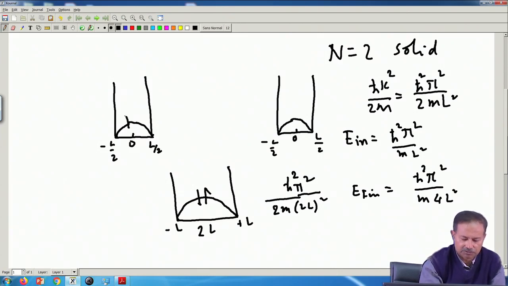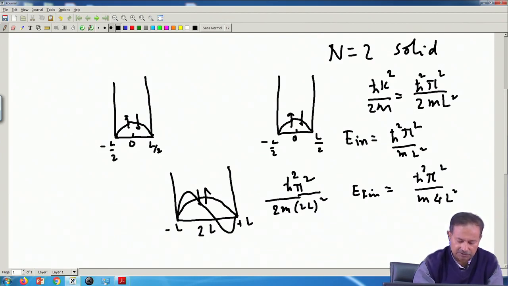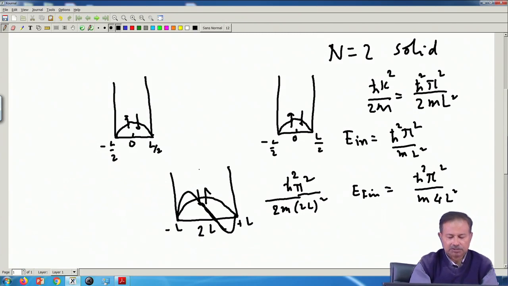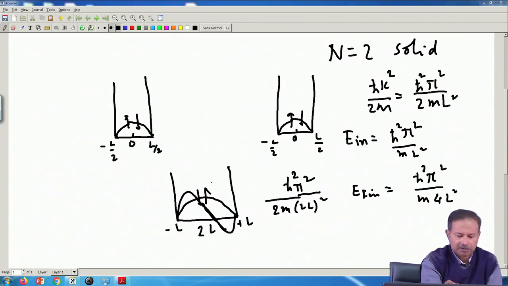So, you had 2 electrons here and 2 electrons here, 4 electrons, and then you have to put the other 2 electrons in an excited state, which is like this. And then, of course, you can show that you do not really gain any energy, because that energy is higher.